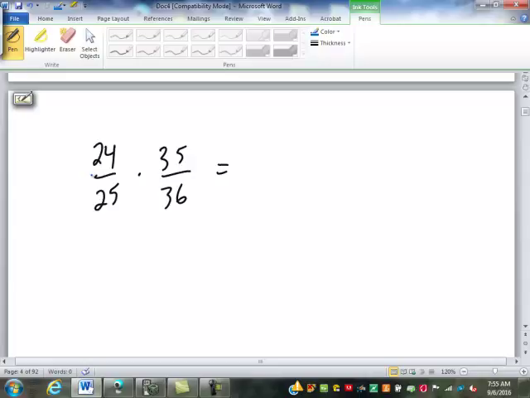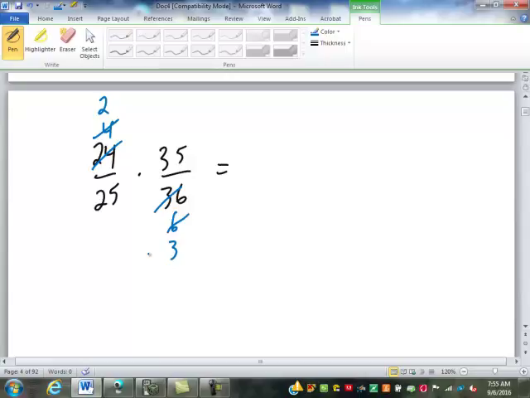But if I look at this, I see what can be reduced. 24 and 36 can both be divided by 6. 24 divided by 6 would be 4. 36 divided by 6 would be 6. When you look at that, we still see we can reduce by 2 more, right? Here's 2 and 3. Could have divided by 12 right away, but we don't have to. If we use a smaller number, we can just keep reducing it.